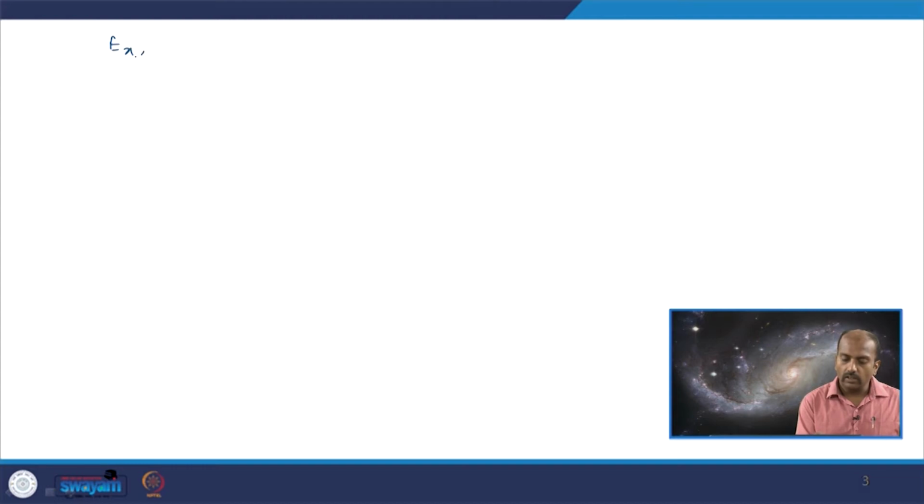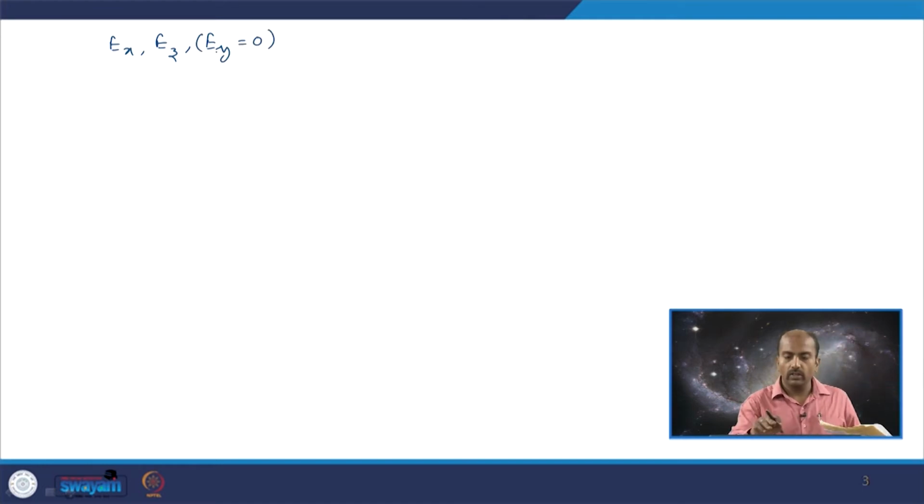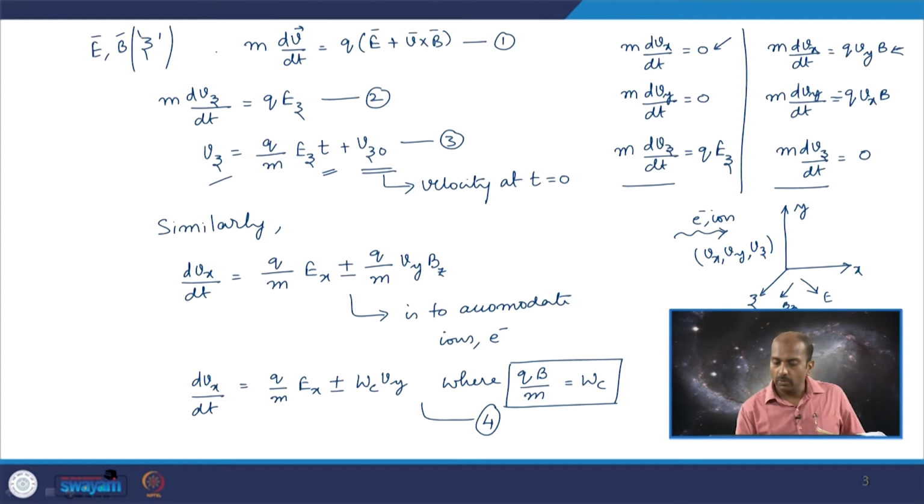If we do the similar thing along the other direction, Vy, we have already seen that Ex is non-zero, Ez is non-zero, and Ey is 0. So we need not bother about this term; it is 0.